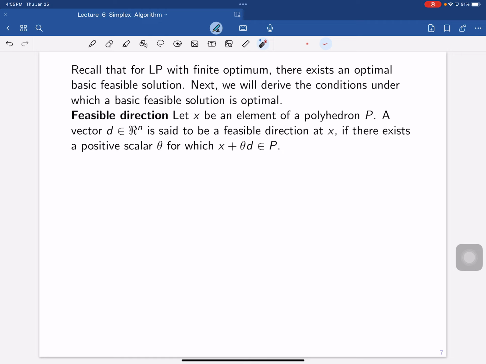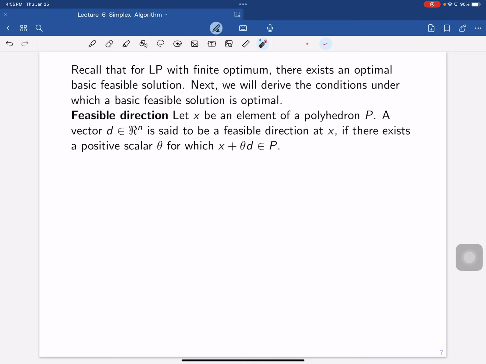Okay. So in order to derive the optimality condition, we need to define something called feasible direction. What it says is, if x is an element of this polyhedron P, a vector d is said to be a feasible direction at x if there exists a positive scalar theta for which x plus theta d is still in the polyhedron P. In words, let's say we are standing at a point x.